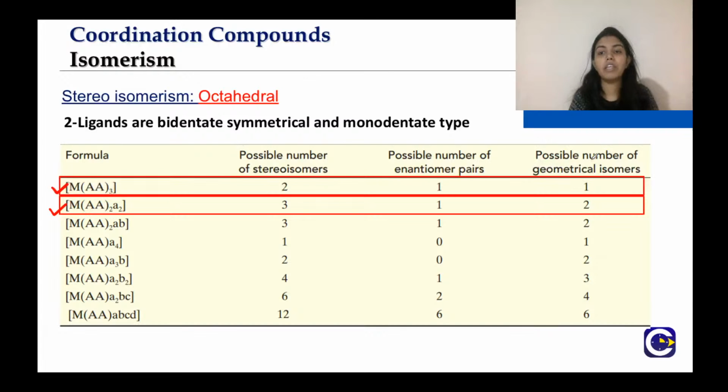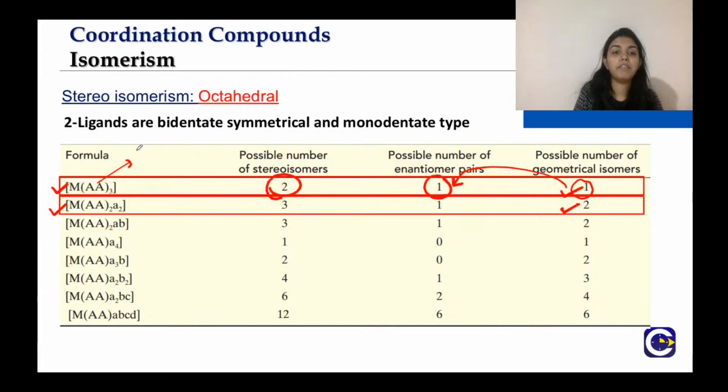This we have already done, that possible number of geometrical isomers are 1, and here also the possible number of geometrical isomers are 2. Out of one geometrical isomer, it is optically active only, so you will have one optical isomer also for this possible geometrical isomer. So the total stereoisomers will come out to be 2.